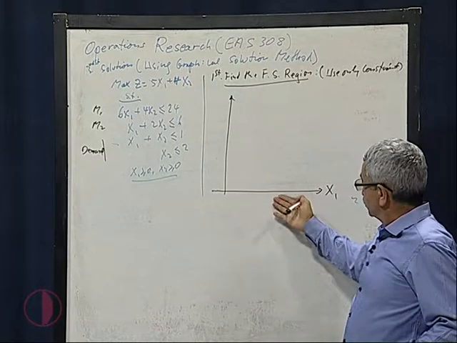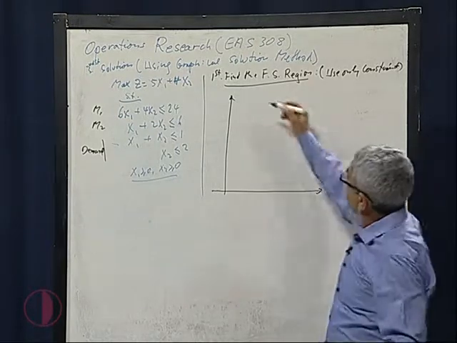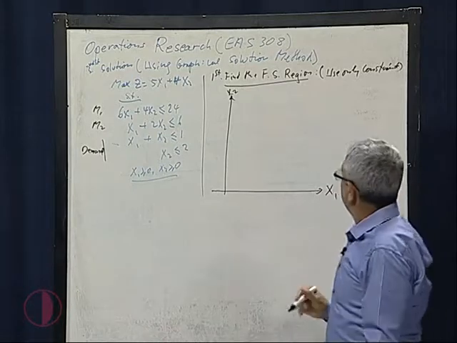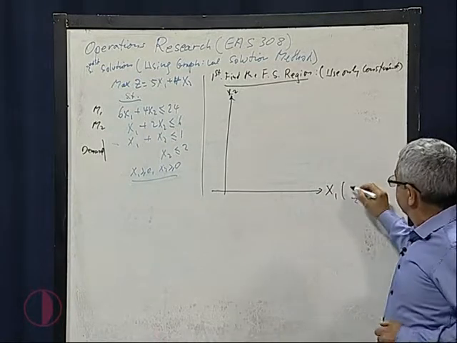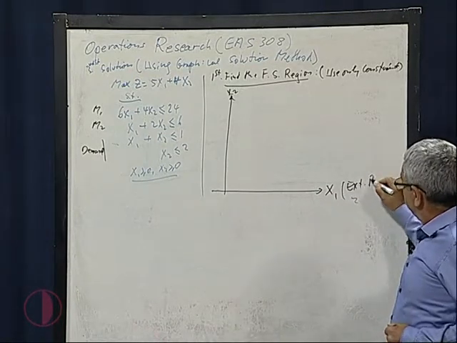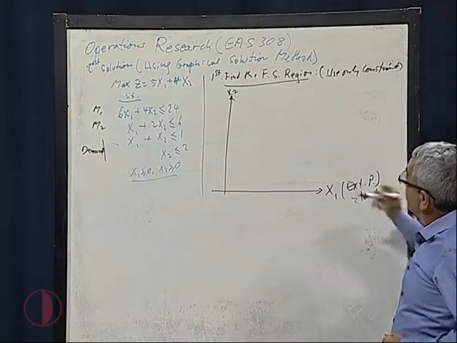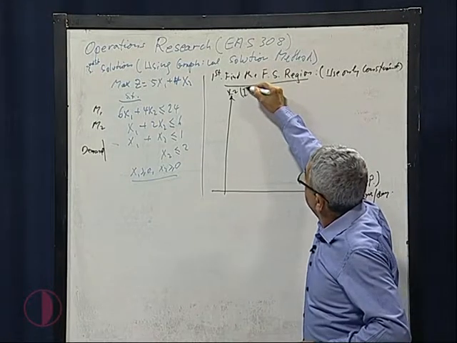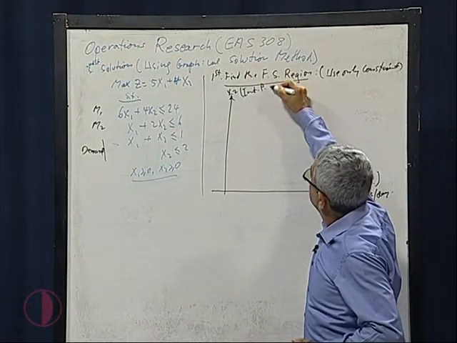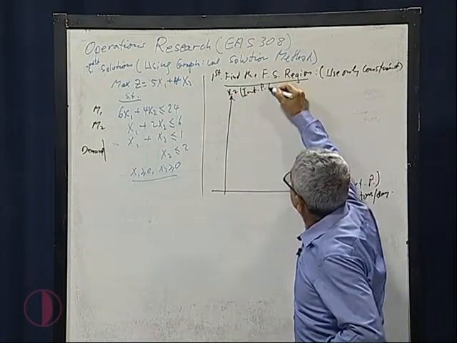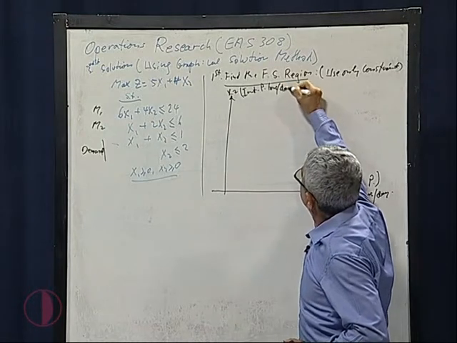This is the horizontal axis, which is X1, and that is X2.